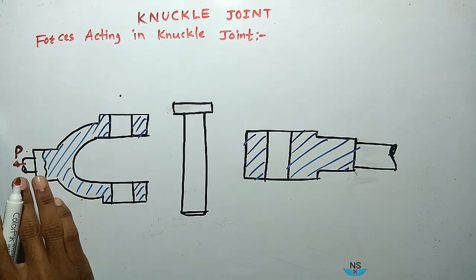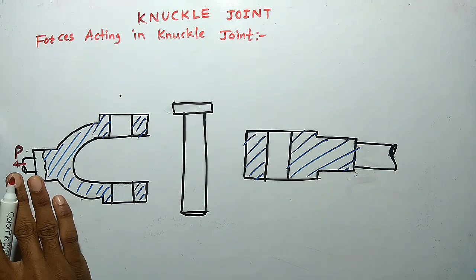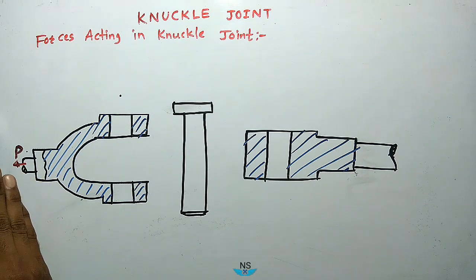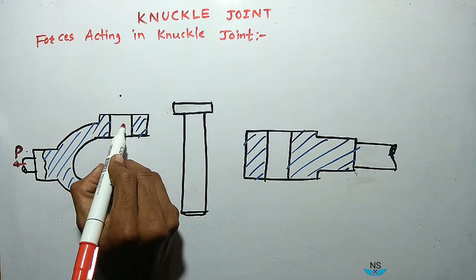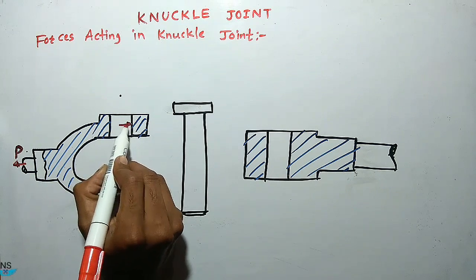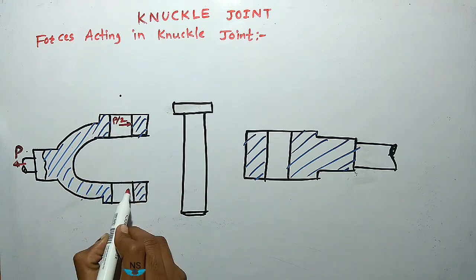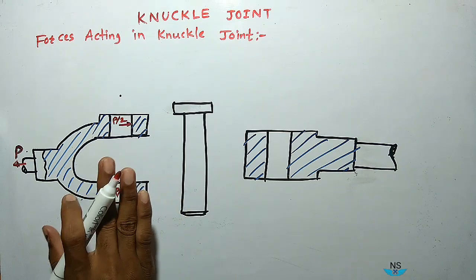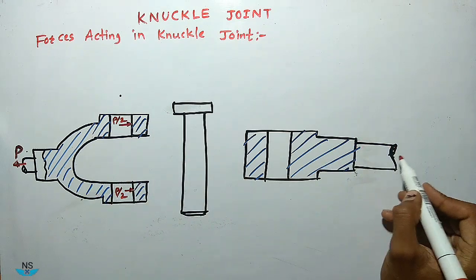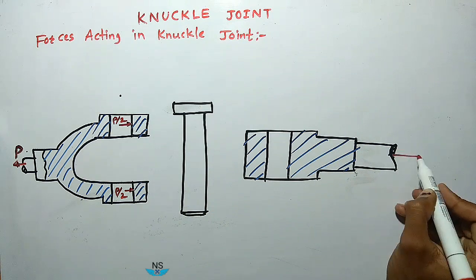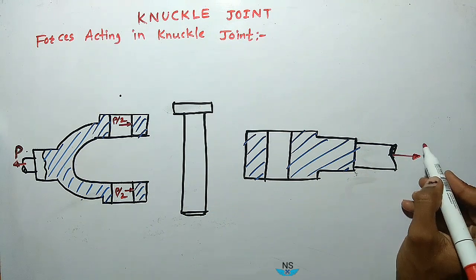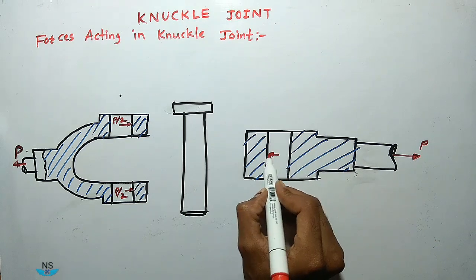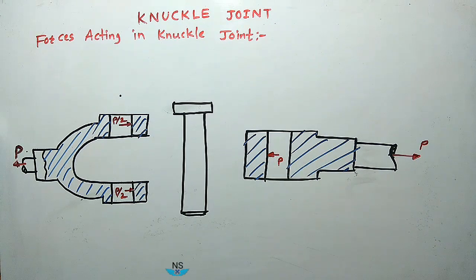The rod of the fork end is subjected to tensile force P. Now this force gets balanced here, P by 2 and half force here, P by 2. Now this rod of the eye is subjected to force P. This force is balanced here, that is P.